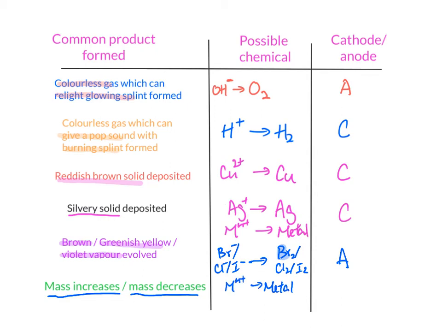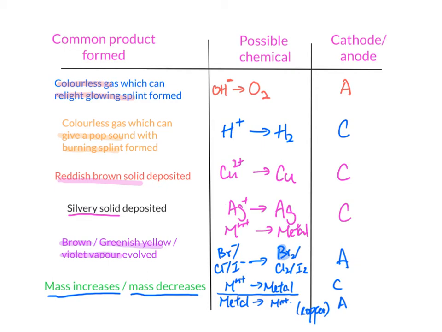When the mass decreases, you must think about the metal becoming an ion. For the first case, a metal being a cation, it has to be cathode. While for the other case, you just learned one: copper as anode. So in that case, it will be anode instead. These are some summaries of commonly seen chemicals on different parts.